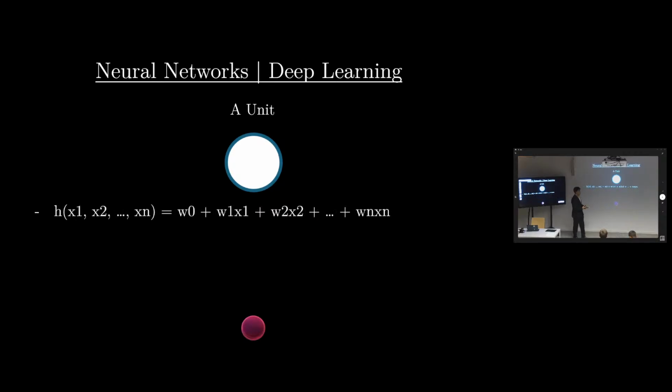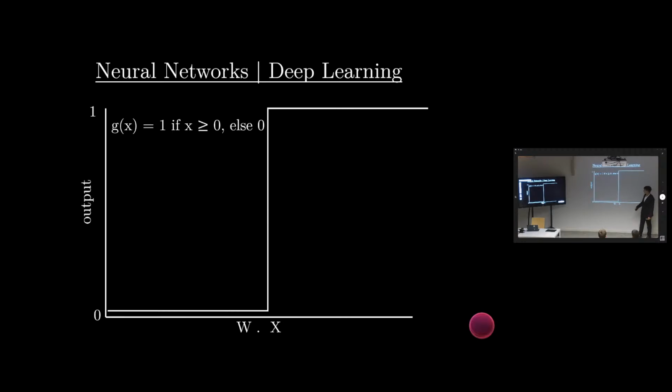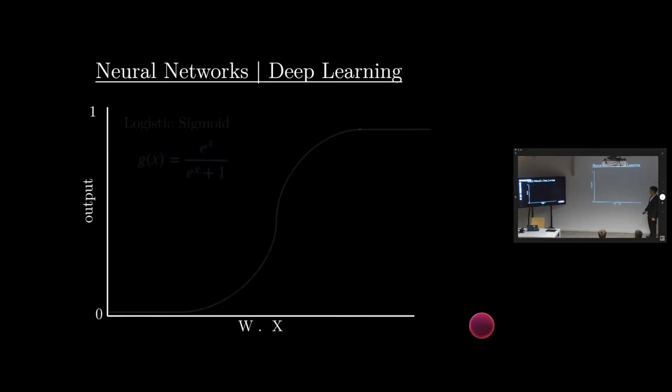We're going to keep the same ideas as in machine learning, with a linear combination of our inputs. For example, if we have inputs x1 till xn, then we want our unit to output some linear combination of x1 till xn. And still, we're going to use the same activation functions as before. We could use the threshold function, which would be g(x) equal to 1 if x is greater than 0, and else equal to 0.